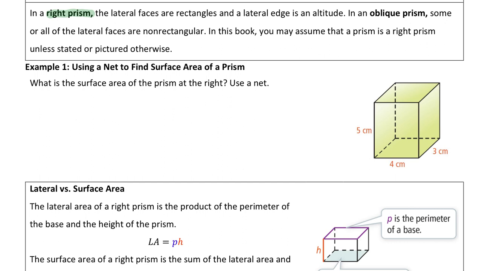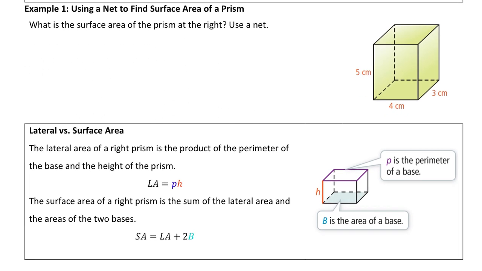So in example 1, it says to use a net to find the surface area of a prism. Now this is mostly optional when you do these problems, but I'm going to give you a strategy. So the surface area of the prism is the area of all 6 of these faces added together. So I'm going to draw a net, and that net is going to start with, if I think of this as a room, like the back wall of this room, the back wall of this room is going to be a rectangle, and it's essentially like I'm unfolding this shape.